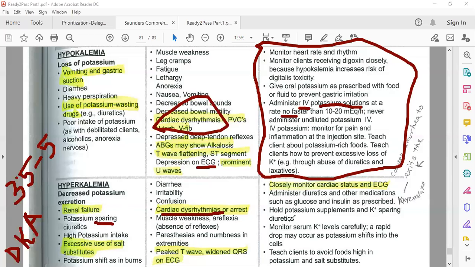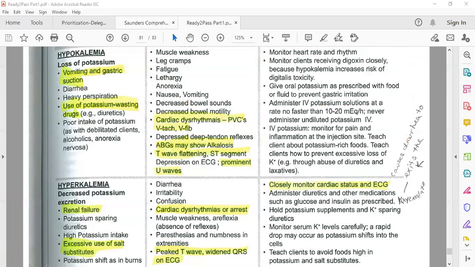So we have to treat the DKA, monitor the serum potassium level, and teach the client to avoid food high in potassium or salt supplement. So what next?